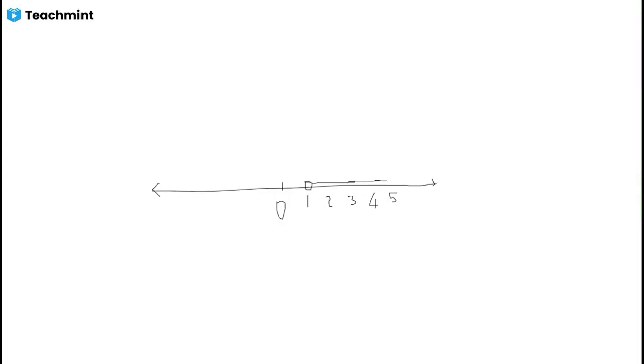Then 5, x is less than or equal to 5. Do you have something like that? Correct. If you have it like that, then it's correct.